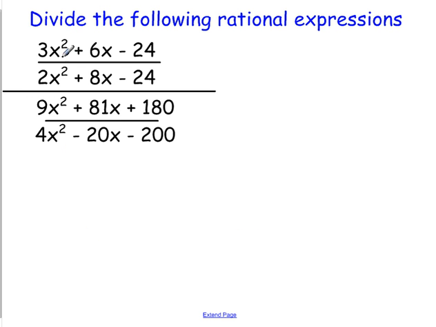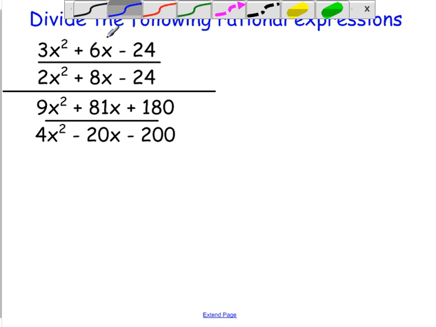So what we're going to do here is we're going to factor all 4 of these polynomials, and then we'll talk about how to handle dividing a fraction with a fraction. So we'll just factor them right next to each other. First, I notice that all of these are divisible by 3, so I'm going to take out a 3.